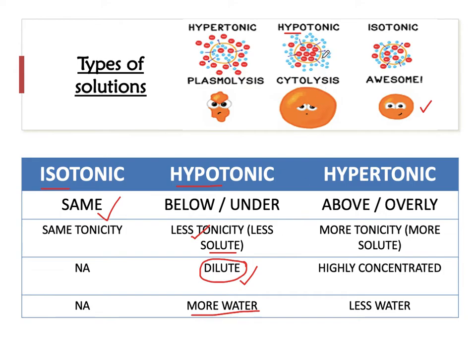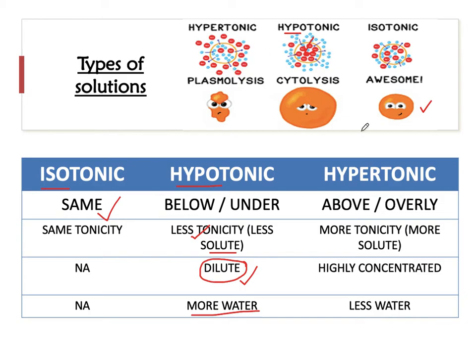That means in a hypotonic solution, in comparison to the cell, we have kept the cell in a solution where lesser solutes are present outside in comparison to the cell. That means more water is present outside in comparison to the cell. More water outside, less water inside. What will happen? More water will start flowing inside your cell and the cell will swell up. So this is your hypotonic situation. In this, the cell generally swells up.